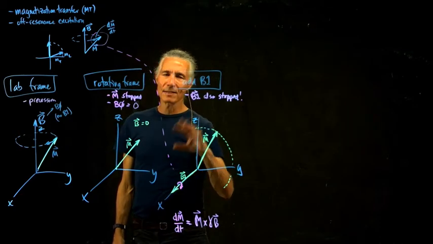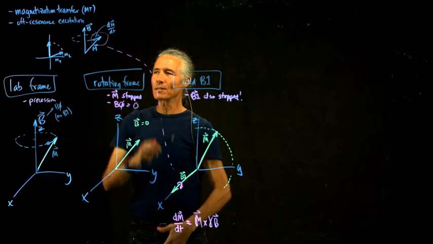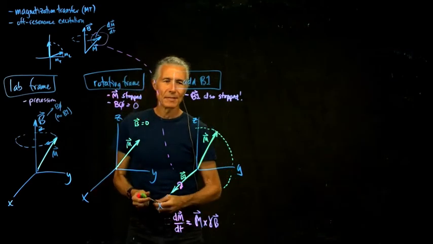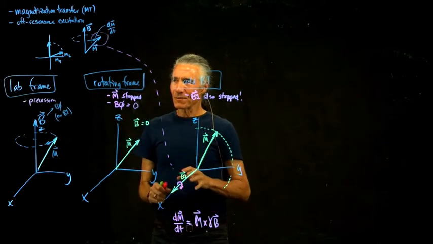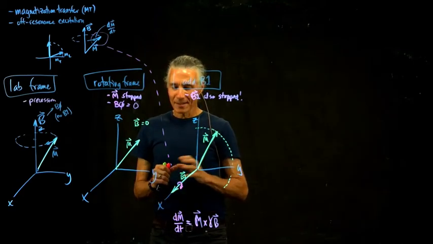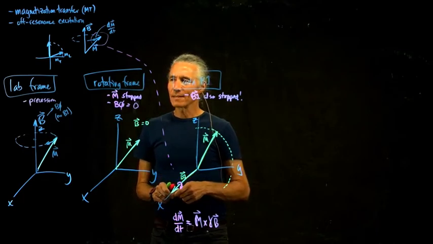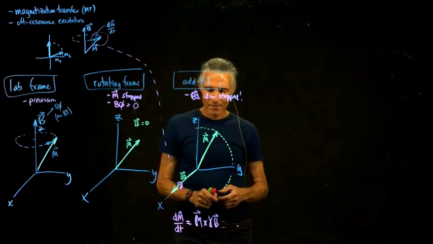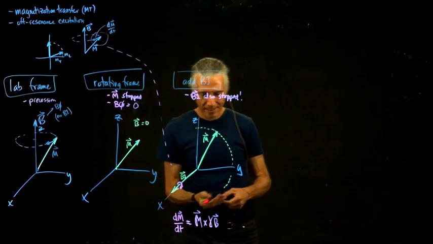Now we've conceived of a flip as just another kind of slow precession. Okay, so that's all good. So now the final insult, we have to consider what happens when we're doing something in an off-resonance case.